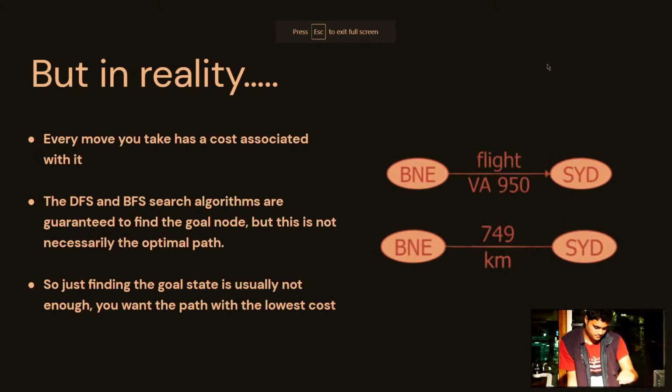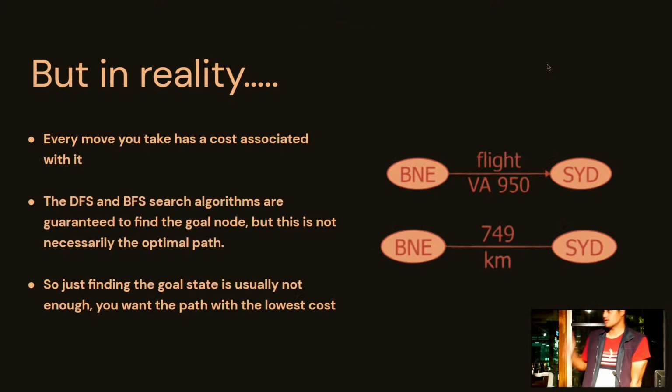Yeah. So just to reiterate from what Shankar said, in reality, each path you take has a cost associated with it. So BFS will give you some path to the goal, but relative to the cost, it might not be the most efficient path. So finding the goal state is not enough. You want the path with the lowest cost.